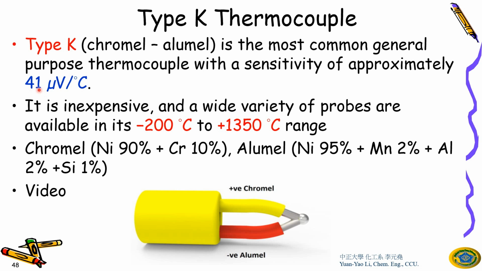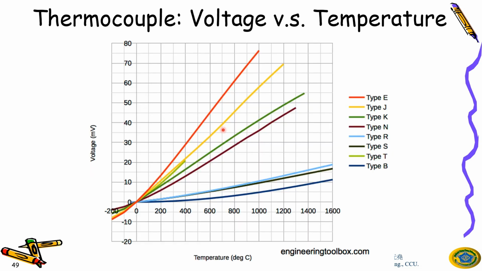So it's linear, and this is an inexpensive alloy, and it can measure from -200 Celsius to +1,350 Celsius, which is very good. This tells you the different types, and most of them can be regarded as a linear equation.